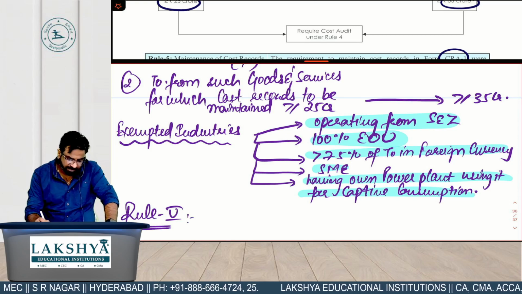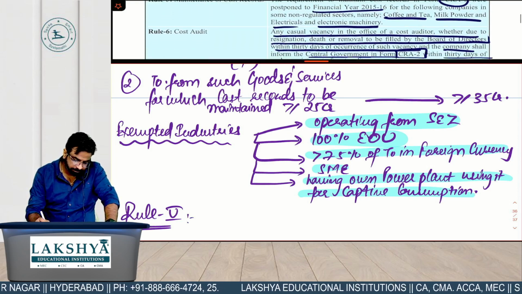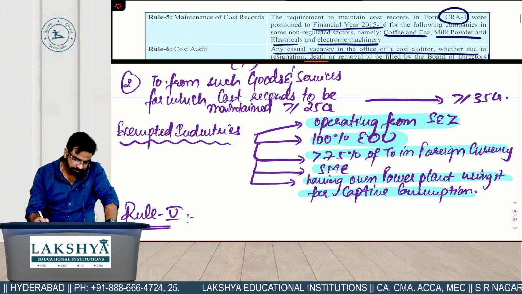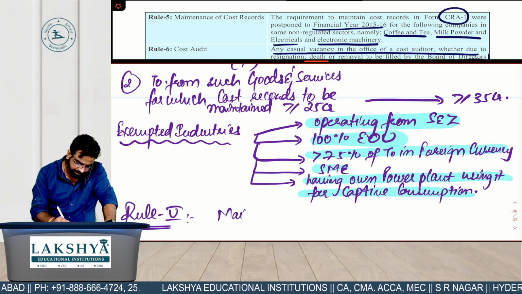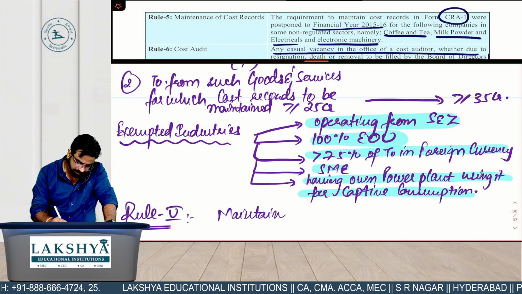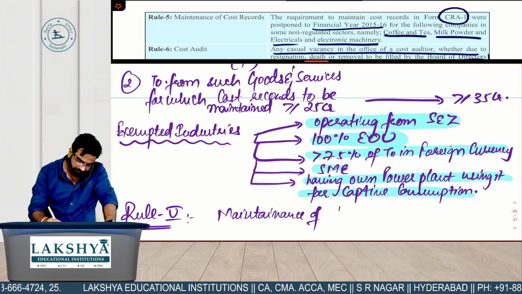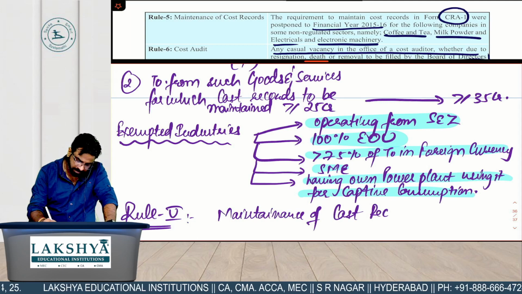Rule number 5, maintenance of cost records.